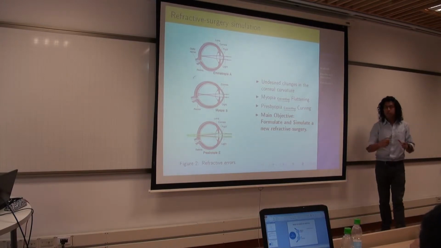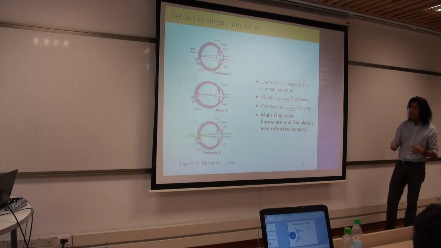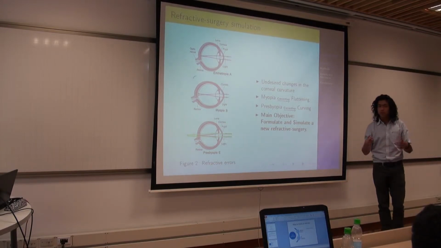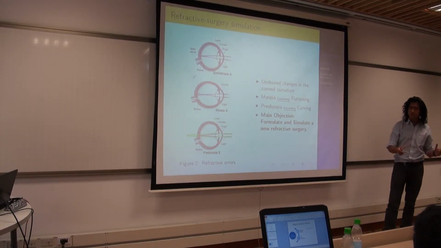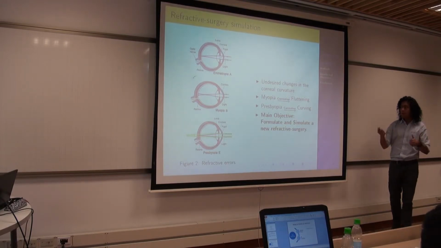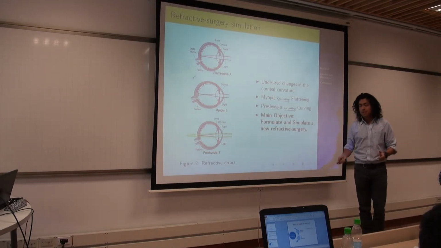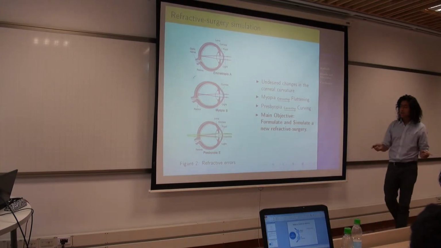So each surgery provides just one effect, either curving or flattening. Our main purpose is to formulate a new surgery with a multiple effect. That means that the surgery will flatten as well as curve the cornea. With that in mind, we could correct, for example, two diseases simultaneously. So that is our main objective.